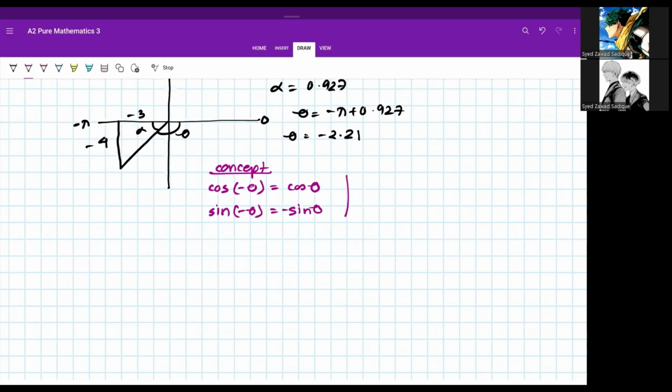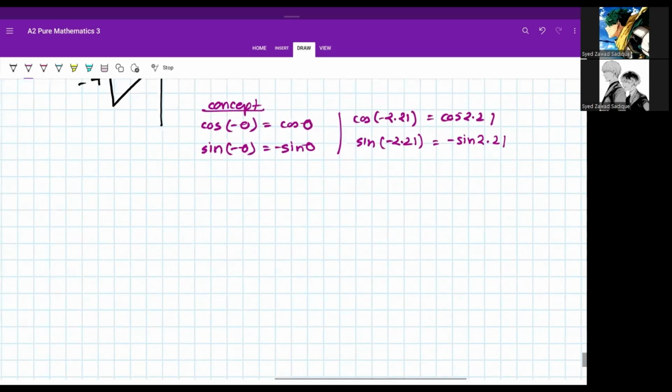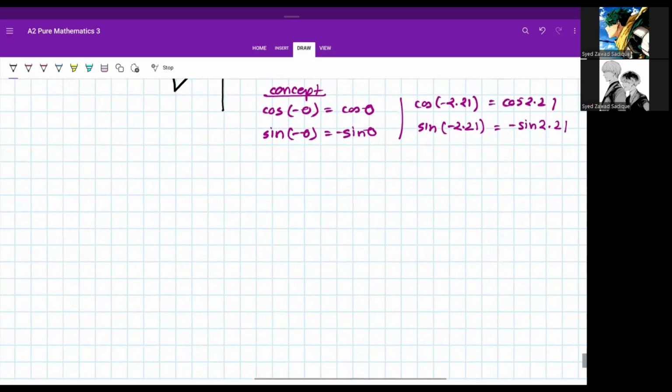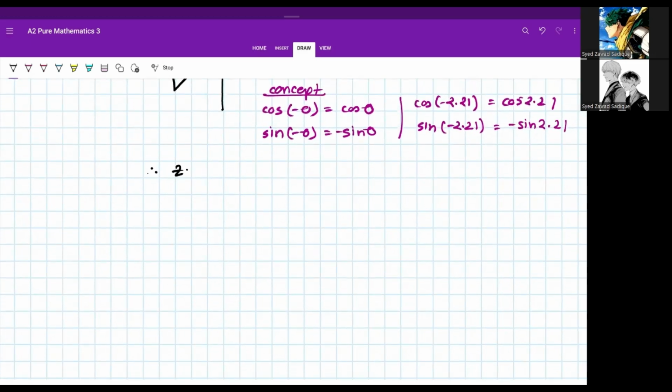Hence, we can say cos minus 2.21 is equal to cos 2.21, and sine minus 2.21 is equal to minus sine 2.21. Therefore, z is equal to 5 cos 2.21 minus i sine 2.21.